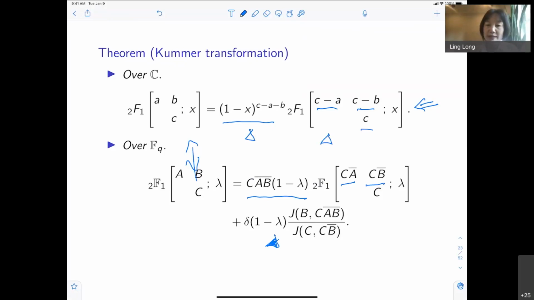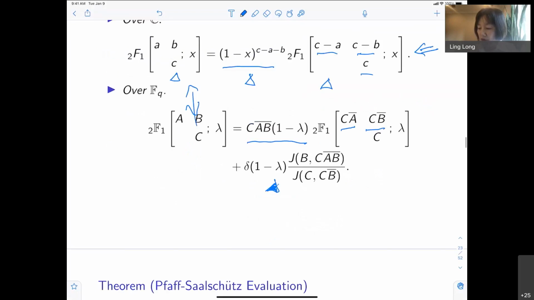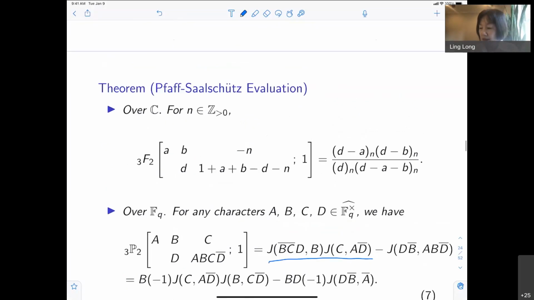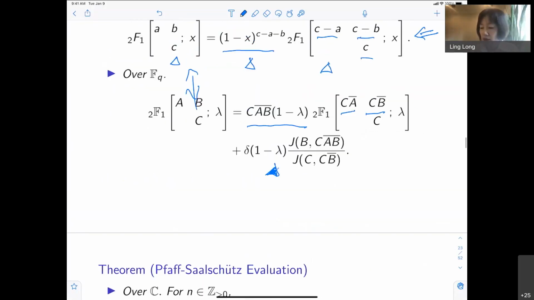I need to put them together, and the corresponding coefficient should be the same as the right-hand side. That leads to the Pfaff-Saalschütz formula. In the finite field setting, we can do exactly the same thing by comparing coefficients. The major term on the right-hand side will be this particular term.